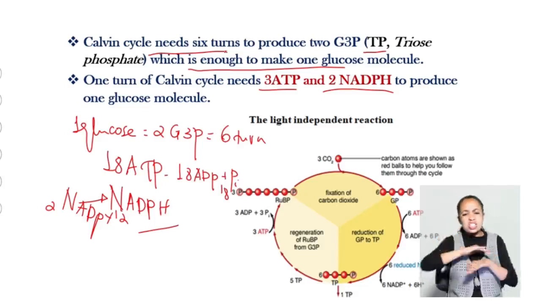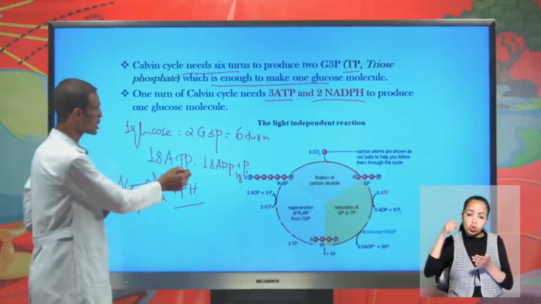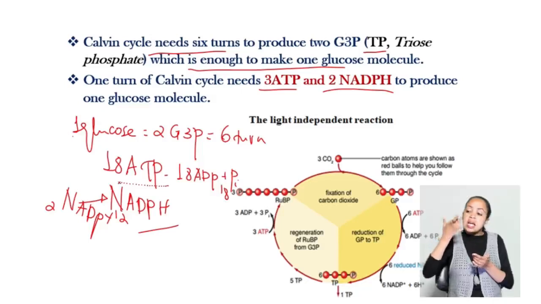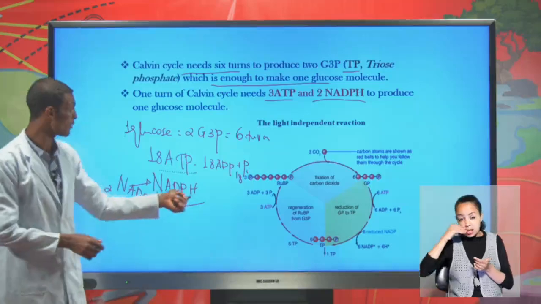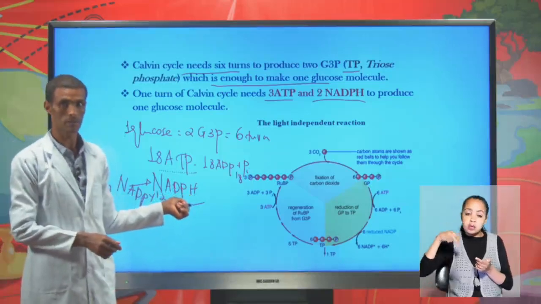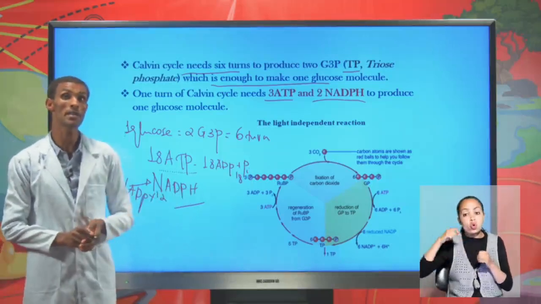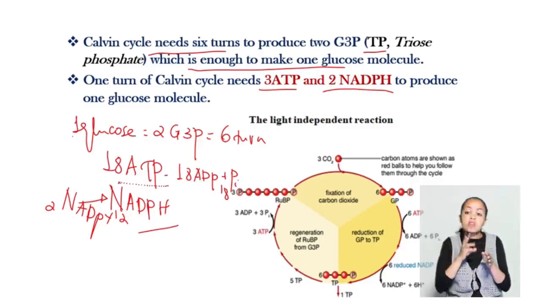Generally, production of 1 glucose molecule consumes 18 ATP molecules and 12 NADPH molecules. This is how glucose is made in the fluid stroma of chloroplasts.